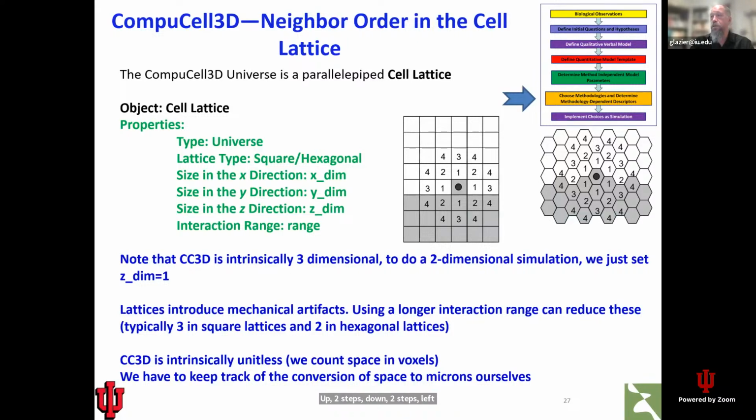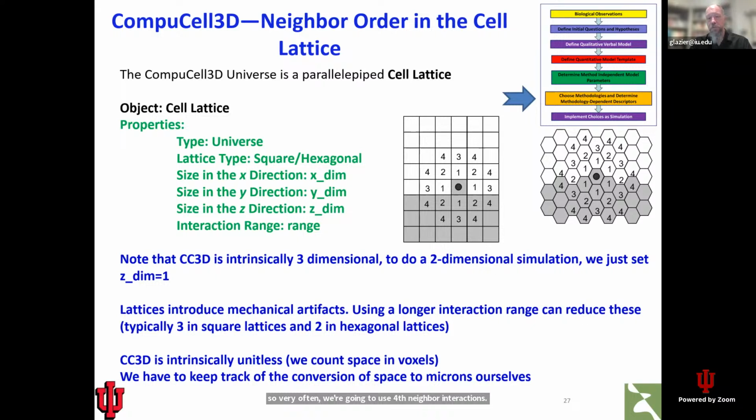And the fourth neighbors fill in those corners. If you go out to a long range, this gets more and more like a circle. If you come in very close, you have a square. When you get to fourth neighbor, things get a little bit smoother. And so very often we're going to use fourth neighbor interactions.